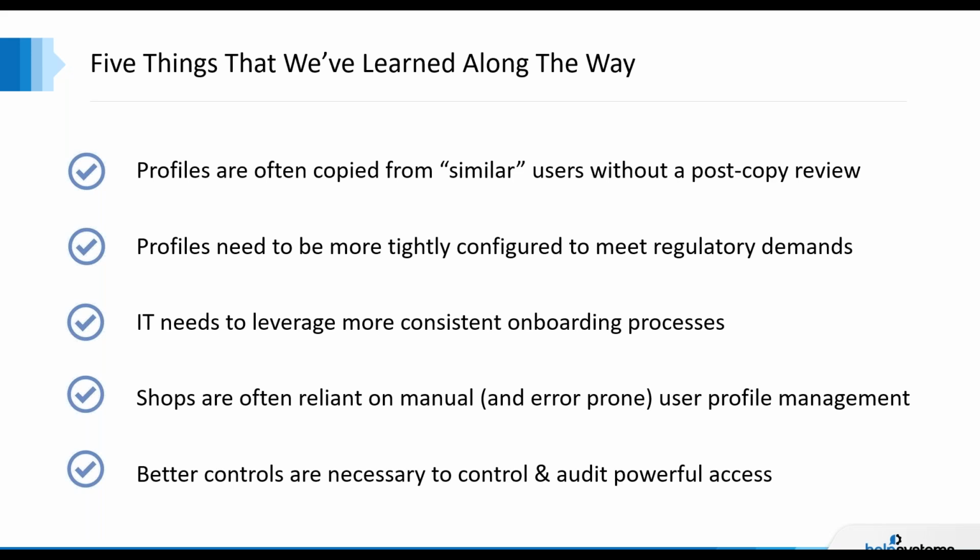What we want to do is leverage a much more consistent onboarding process. When we provision a new user account, rather than just simply say, "hey, I need a new account, let me try to find somebody who's similar," it should be clearly delineated the template that's being used, the process, and the review mechanism to ensure that when that profile is created, it is carrying all of the authorities it needs and none that it shouldn't, okay?